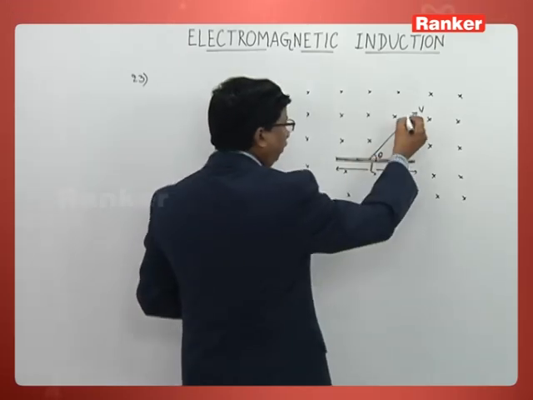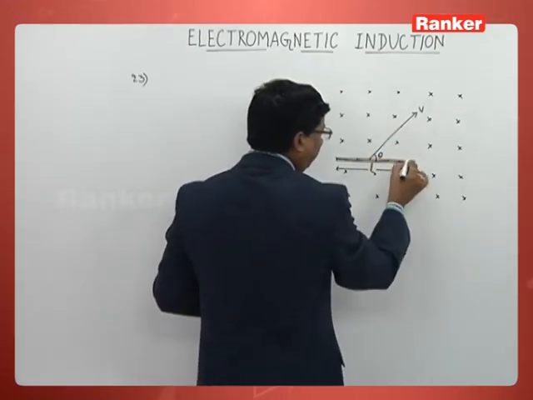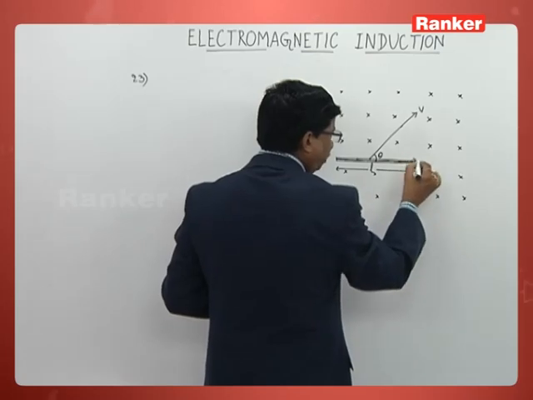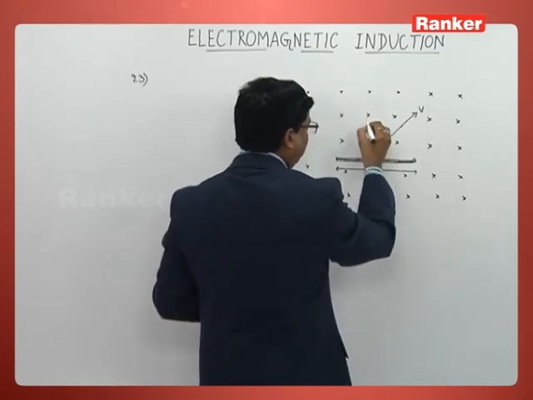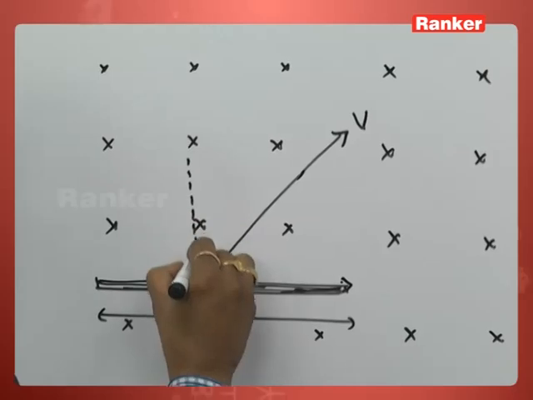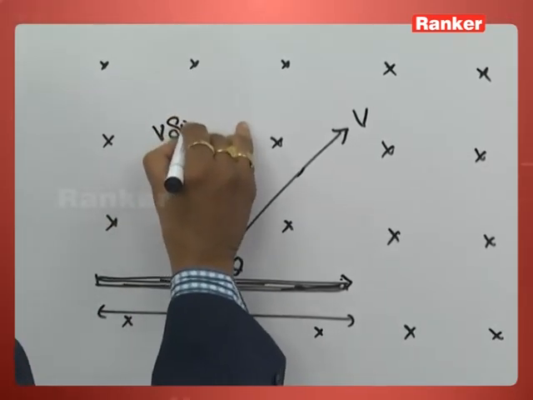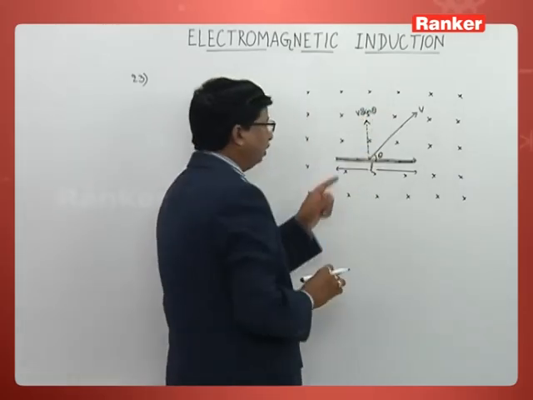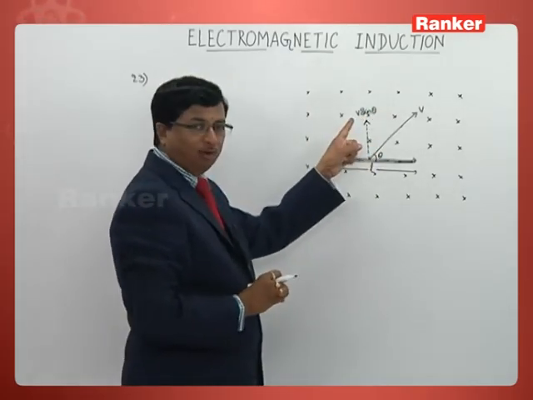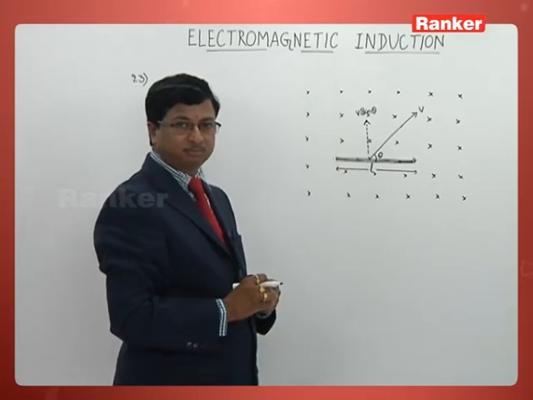Now when it is going with a velocity v, what will be its component along this direction? V cos theta. But what will be the component along this direction now? V sin theta. So in place of v, we have to go for that formula.